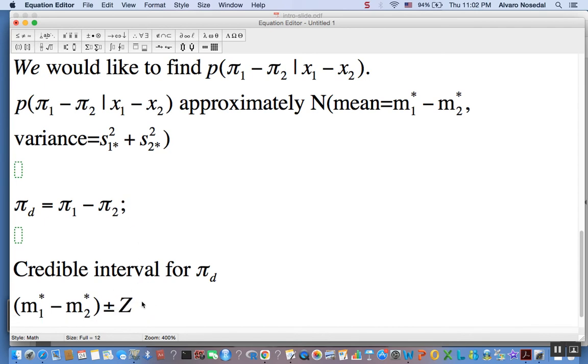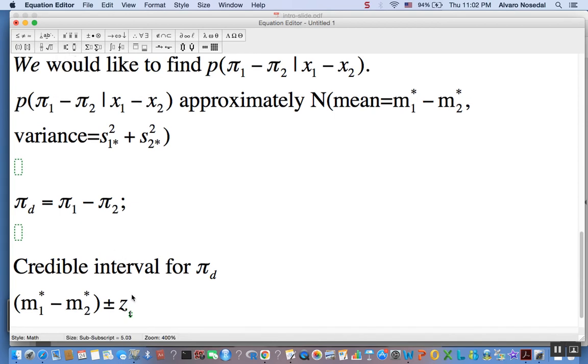So in this case, if we want a 1 minus alpha times 100% credible interval, the critical value that we need is a number such that the area to the left of that number is alpha divided by 2, and to the right is also alpha divided by 2, right?